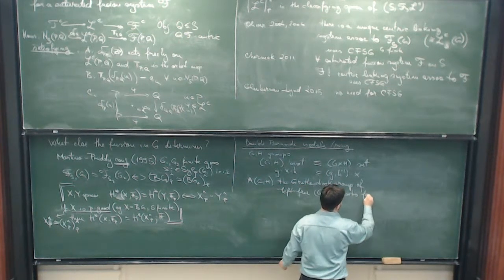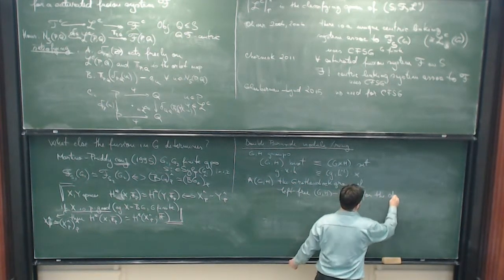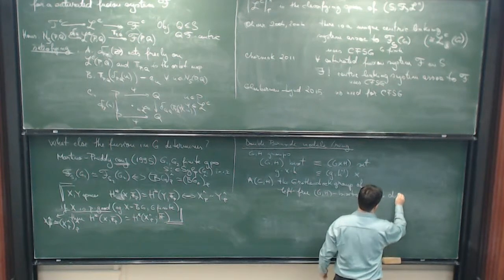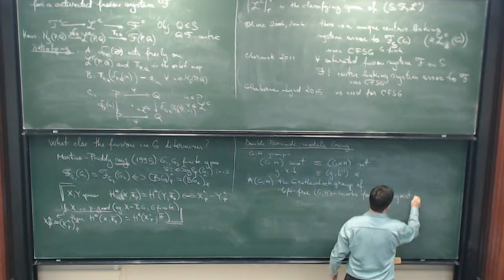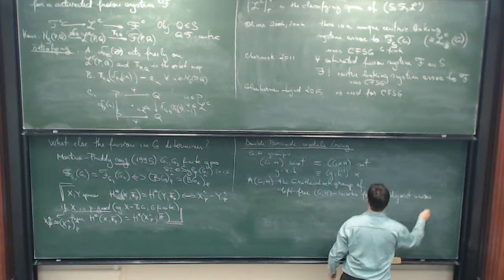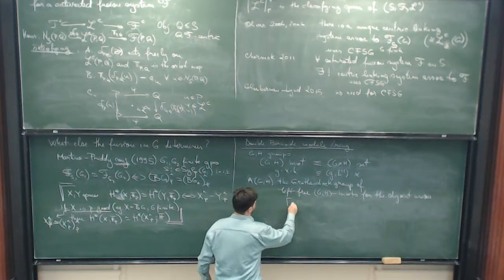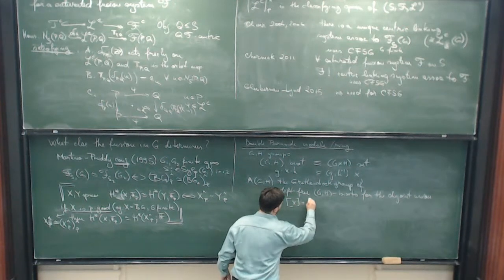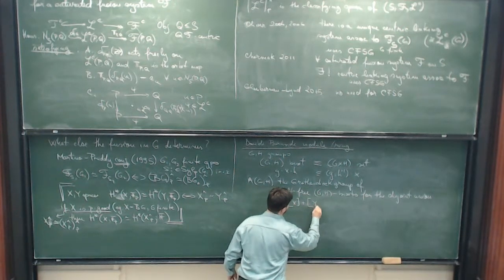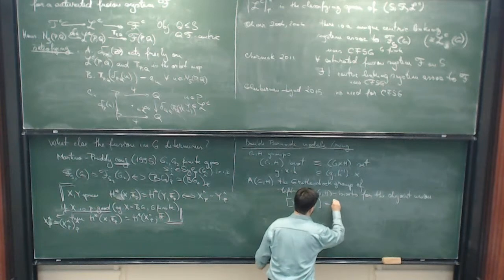So for the disjoint union, meaning that the group law in here is just making the disjoint union.